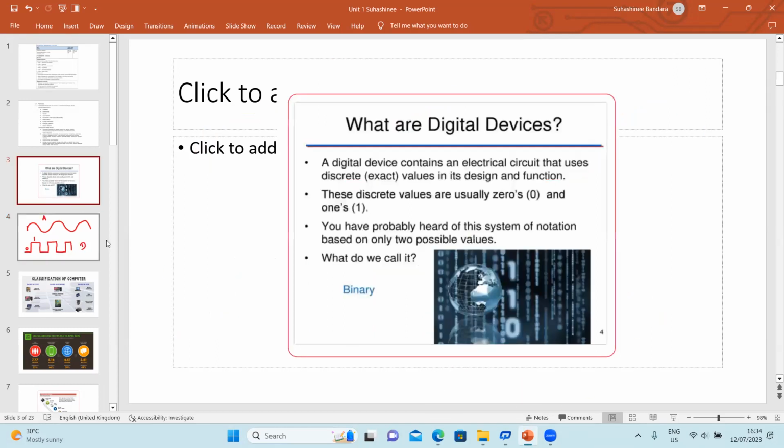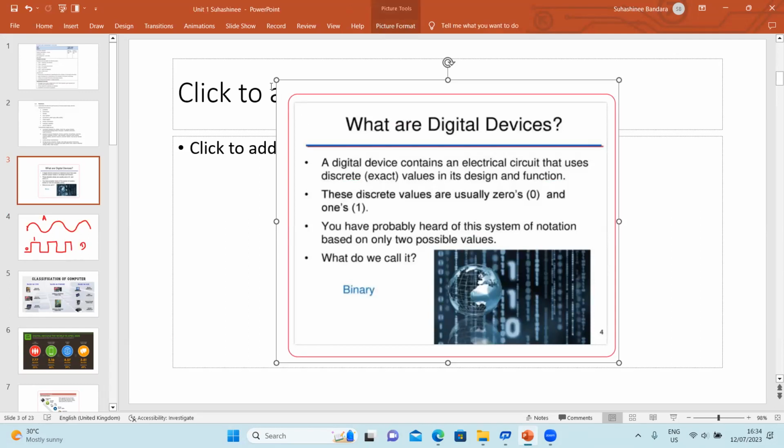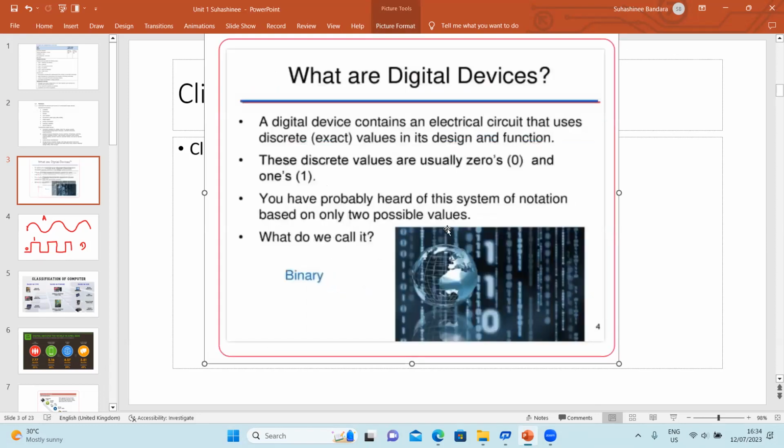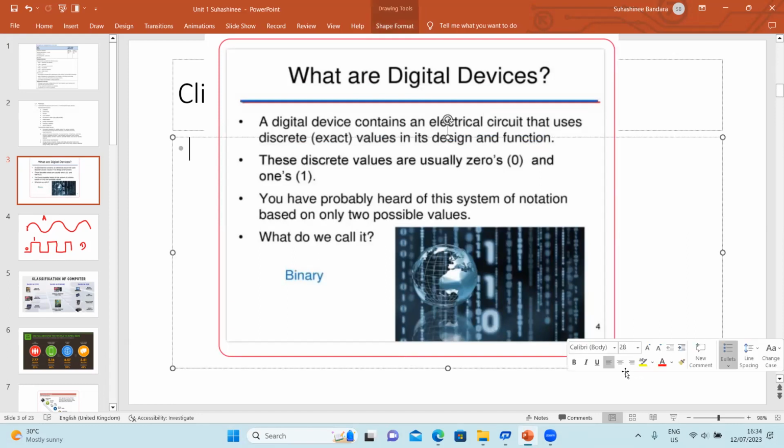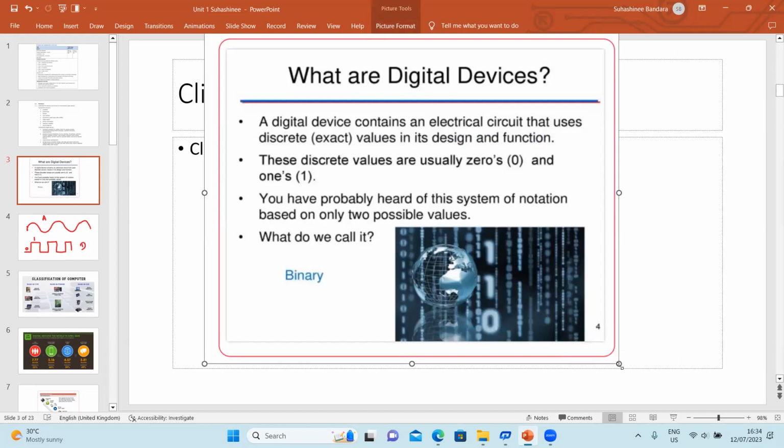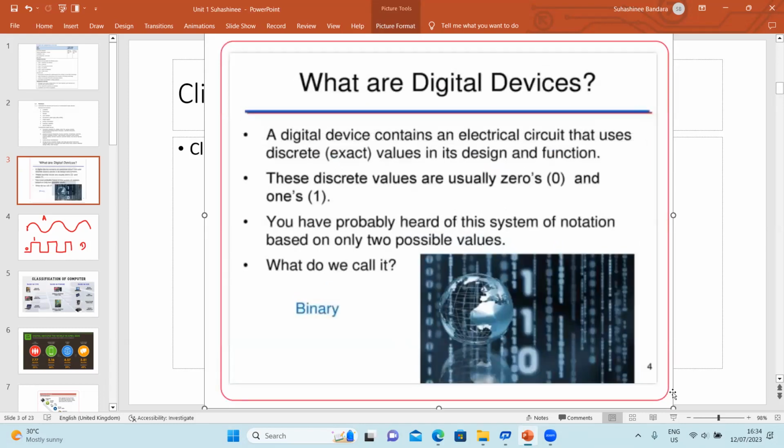Then, a digital device contains an electrical circuit that uses discrete exact values in its design and functions. So all the functions are also going on with on and off.